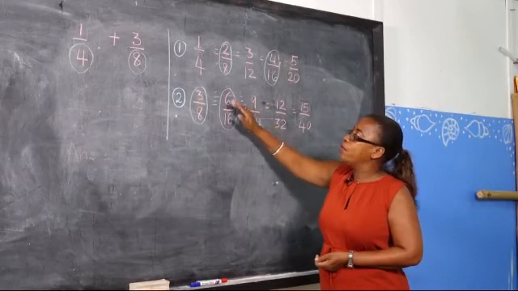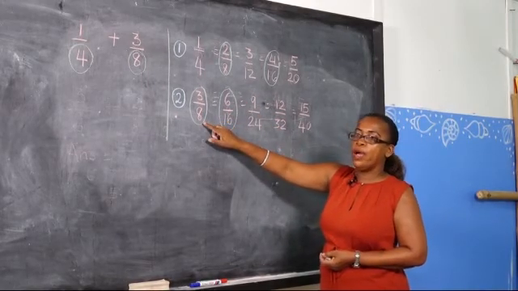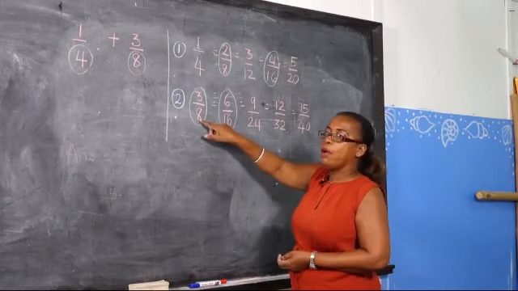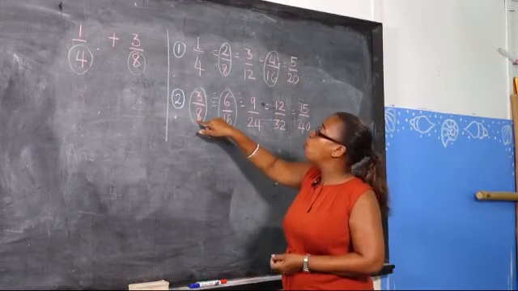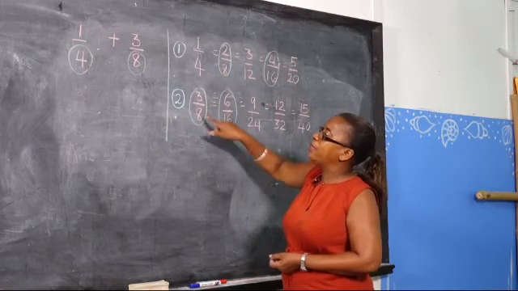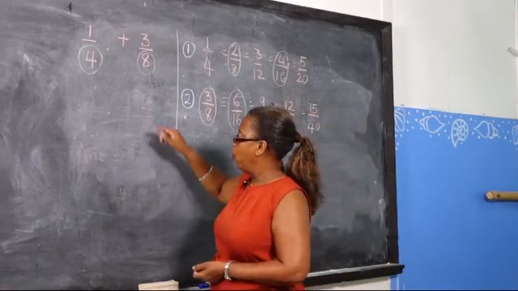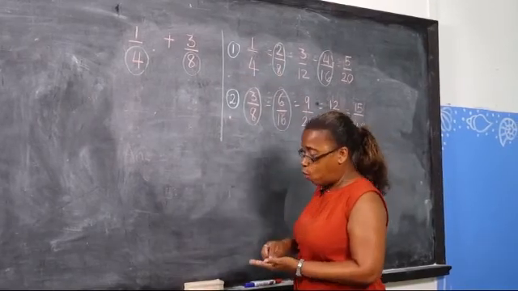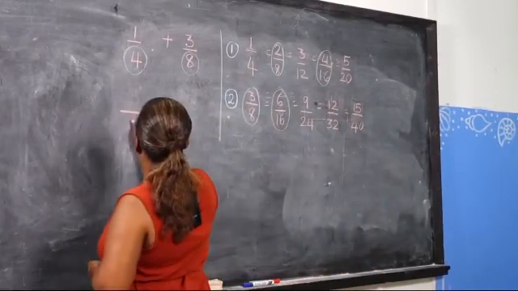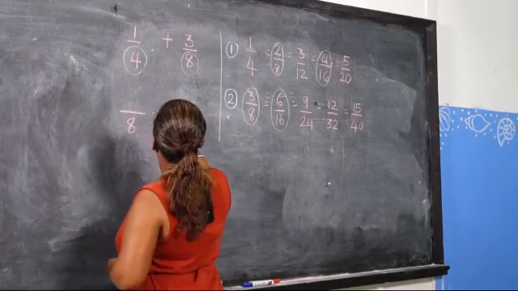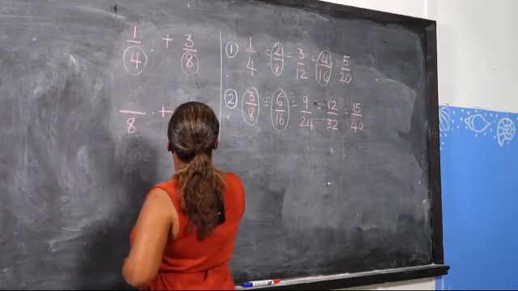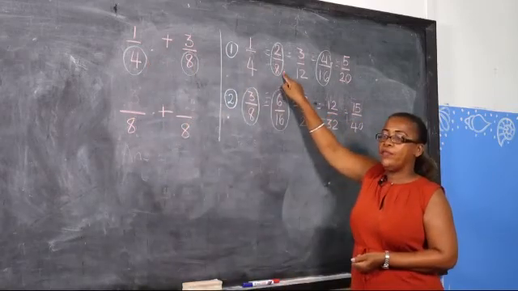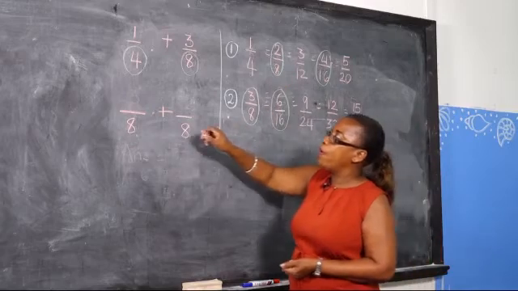I will use the one with the smallest denominator, which has the smallest bottom number. Okay, so I will take 8. Let us see. 1/4, therefore, we have to change the fraction into 8s. One quarter equals how many 8s? 2 8s.